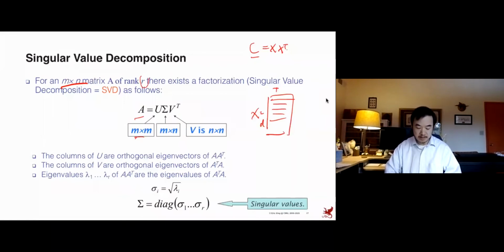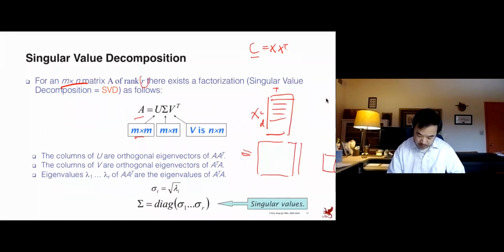This is known as the singular value decomposition. The U and V matrices are very interesting in the sense that, maybe I should draw it here. This equals this matrix times this matrix times something like that. The U matrix is made of many columns.